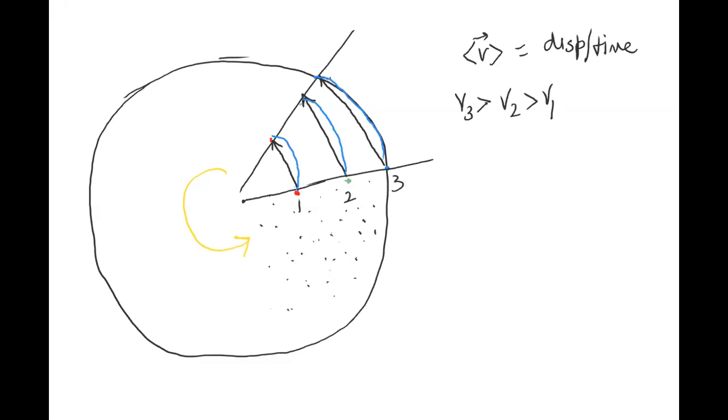However, although all these things are different for these particles, there is one thing which is common, and that is the angular displacement. So theta is the same for all the particles, and therefore the angular velocity is the same for all the particles, and therefore the angular acceleration will be the same for all the particles.